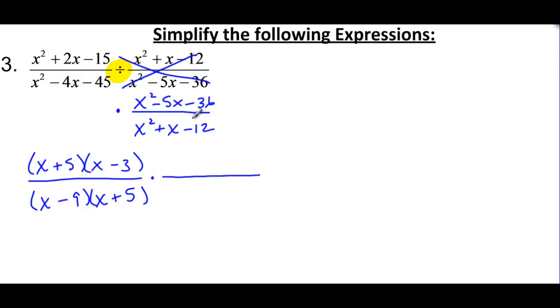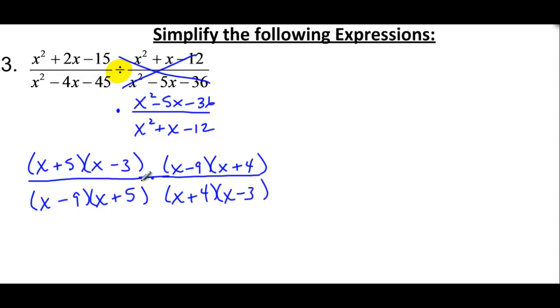Times, and now I'm going to look at this new fraction, the trinomial of x and x. I know this is going to be a 9 and a 4. I'm going to need a negative 9 and a positive 4. And in the denominator, another trinomial, x and x. I need a positive 4 and a negative 3.